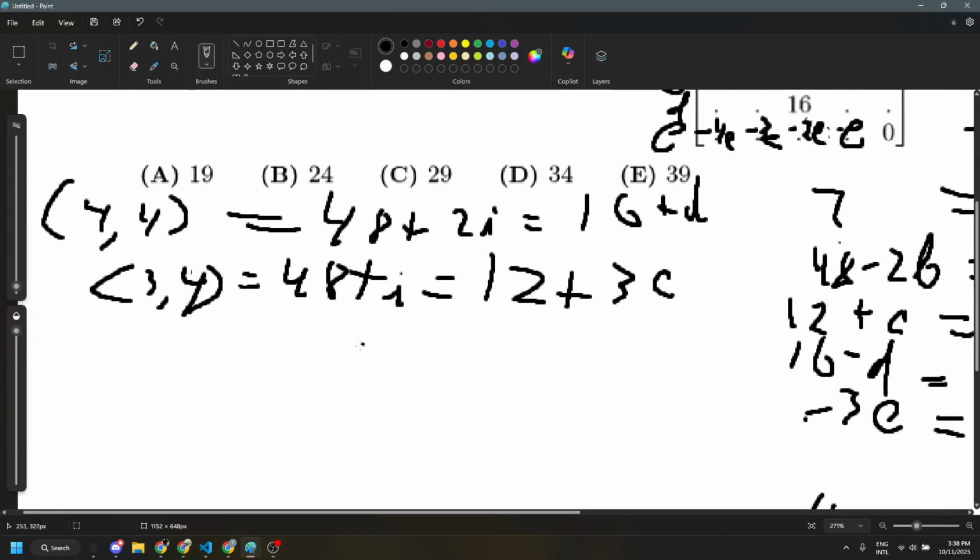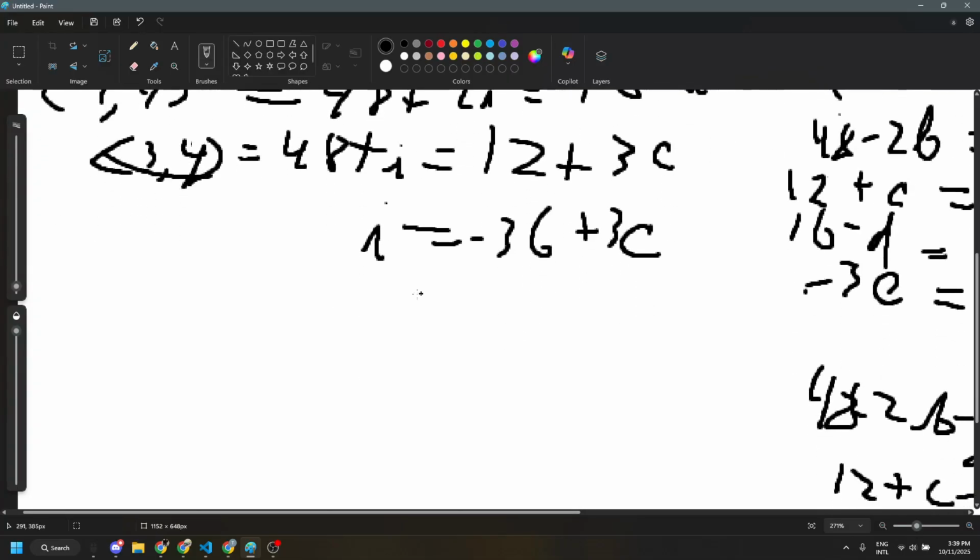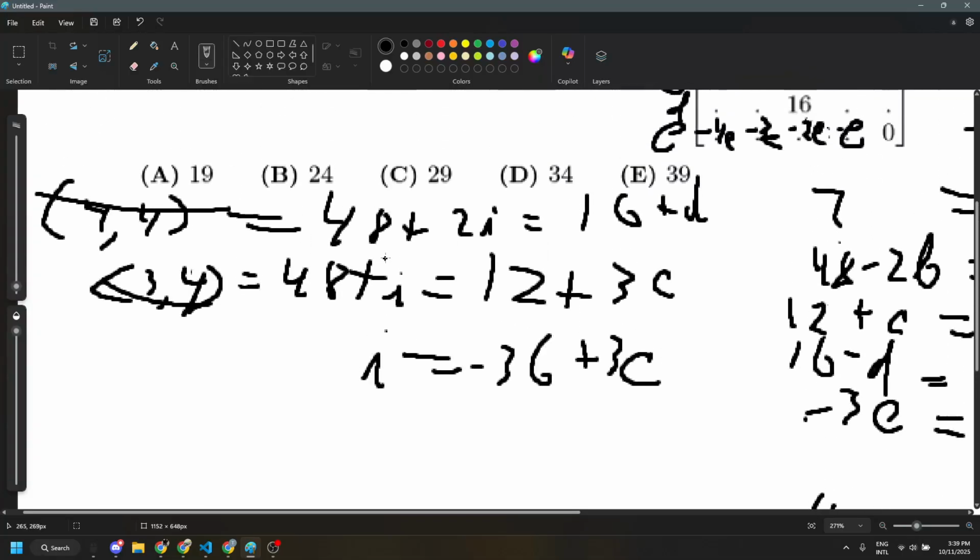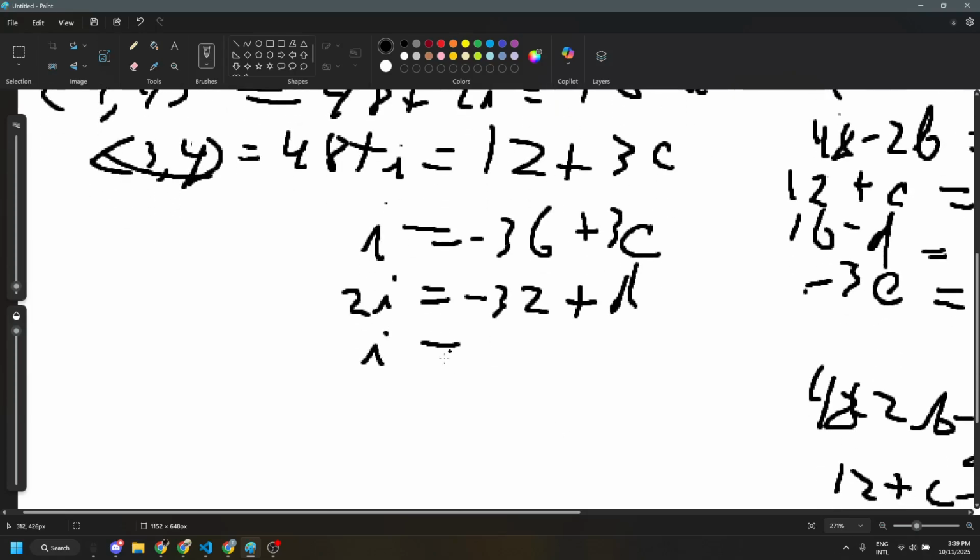I. So if I just get rid of this part and just say that I is equal to 12 minus, it would be negative 36 plus 3C, and up here 2I is equal to negative 32 plus D. So then we have I is equal to negative 16 plus D over 2.